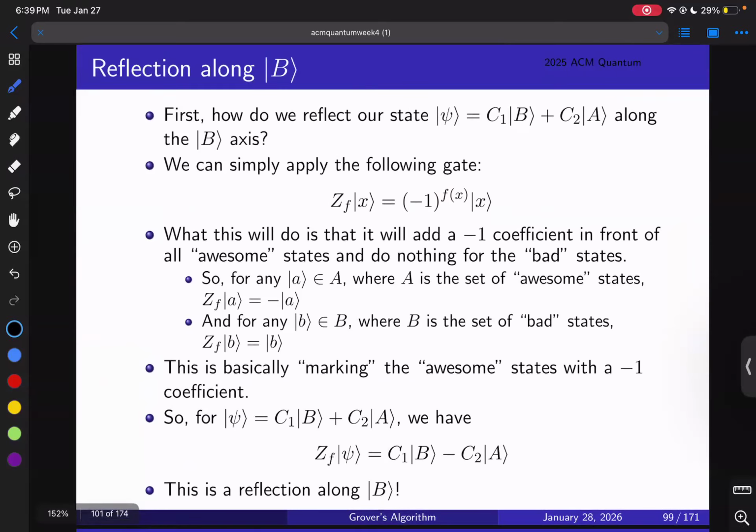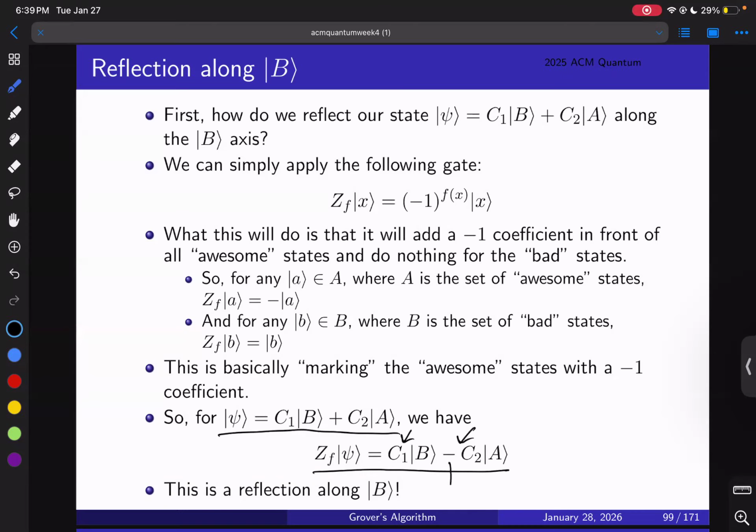Now it's pretty easy to see that this will apply a reflection across B, because if we take our general state, which is psi equals C1 B plus C2 A, and apply ZF on psi, it'll do nothing to all the B states, but to all the A states, it'll apply a minus sign.